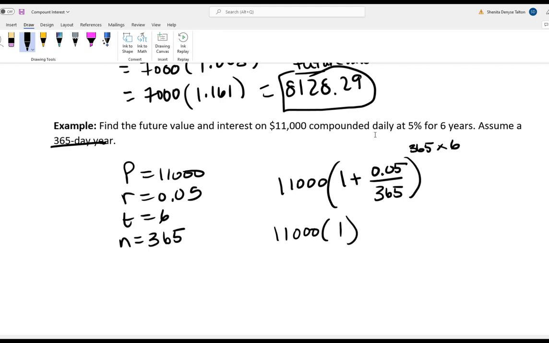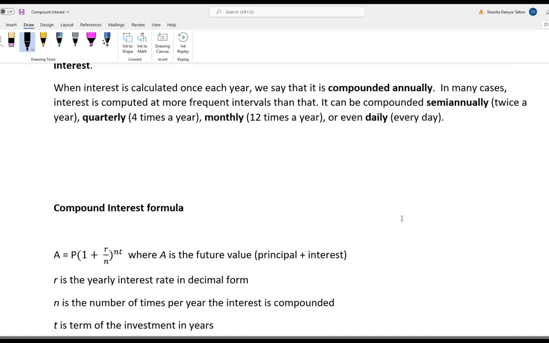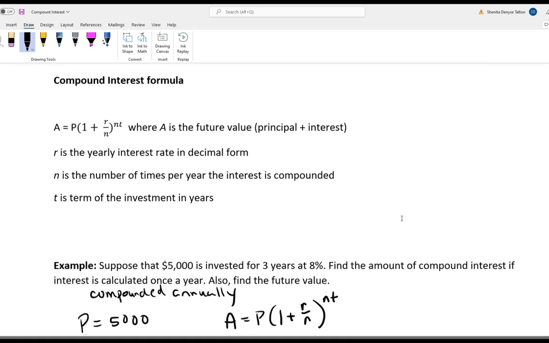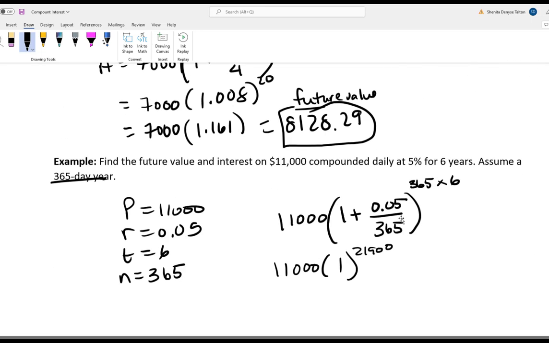But we're going to raise this to the 365 times 6. Alright, so just a second, let me double check, make sure I did that right. I said 5%, yes. N is 365, yes. N times T.